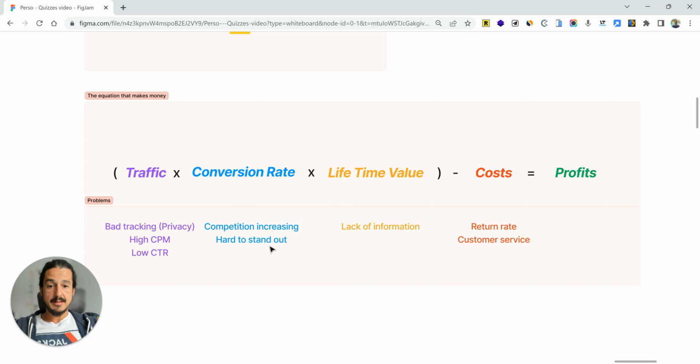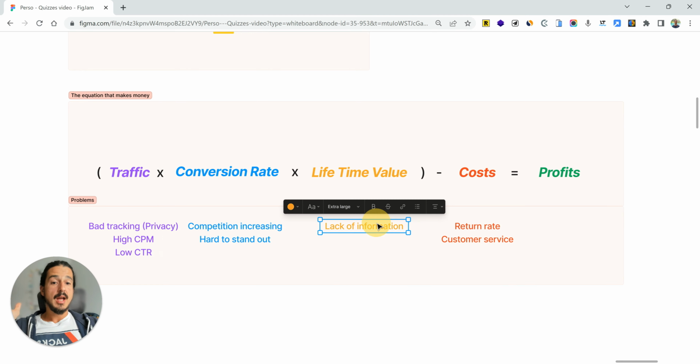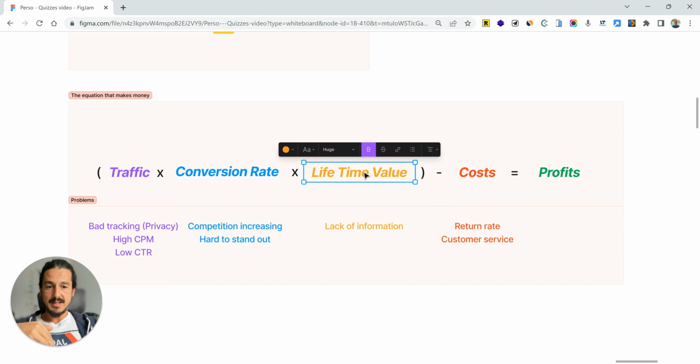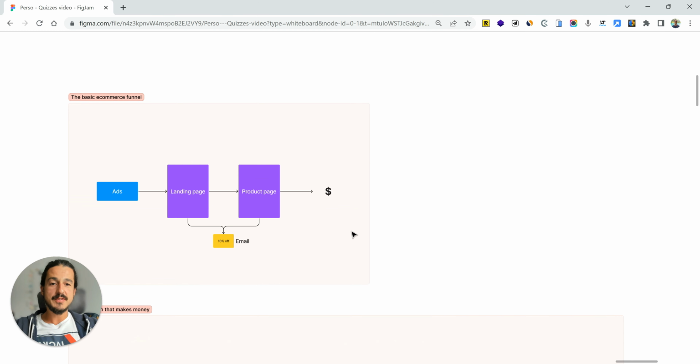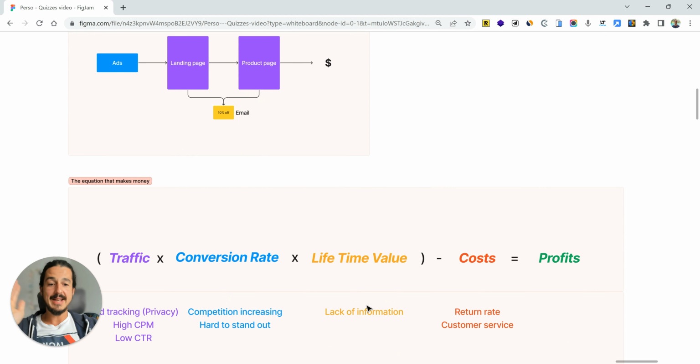Regarding the conversion rate, same thing. We have the competition increasing, so people are less likely to convert, so it's hard to stand out. When it comes to the lifetime value, when we want to sell more to a current buyer, it's not that we lack information, but this funnel gives the minimum information, like what they bought, their name, address, and that's it.